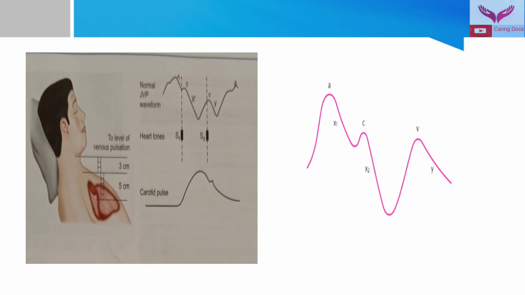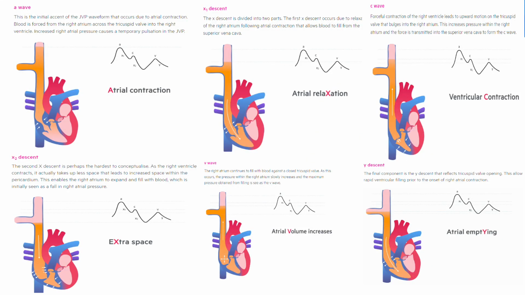In this diagram, we can see the various waveforms of the JVP, that is A, initial X descent, C wave, X descent after the C wave, V wave, and Y descent. This picture also depicts the various waveforms which are seen.